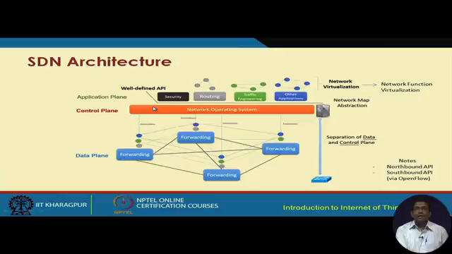The northbound API is between the control plane and the application plane. The interface between the forwarding, that means the data plane, and the control plane is known as the southbound API, and the current protocol supporting this southbound API is the OpenFlow protocol.